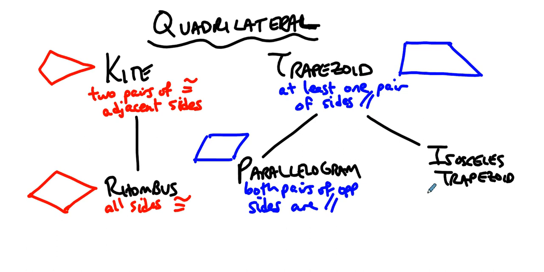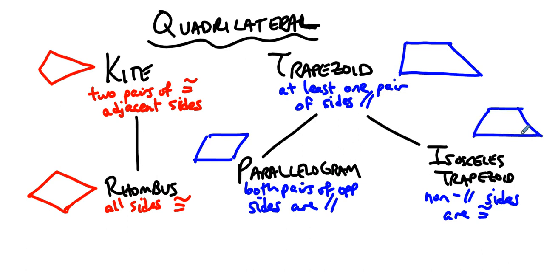Specifically, if the non-parallel sides are congruent. That's this shape, where those two sides are congruent. Well, you can get special if you're a parallelogram. You could be a rhombus. It turns out that a rhombus is a parallelogram. So not only is a rhombus a kite, a rhombus is a parallelogram.